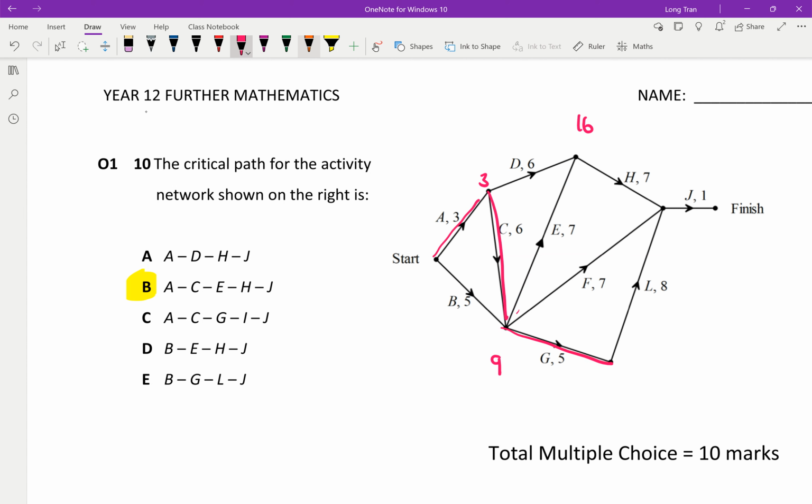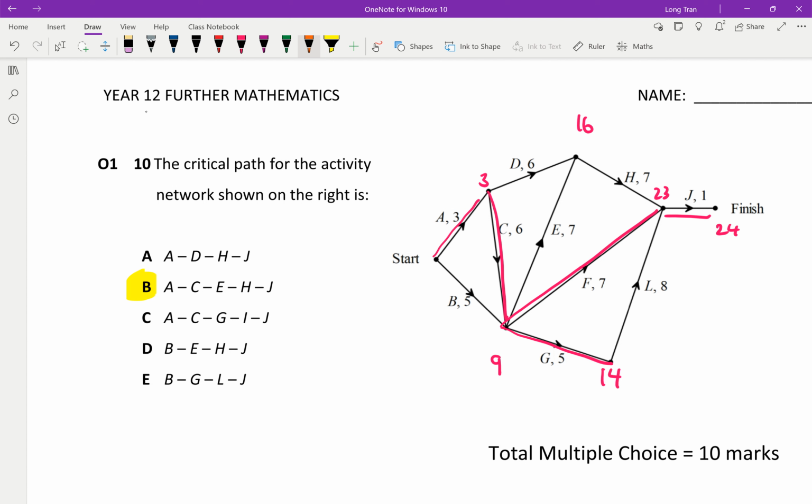Over here, 9 plus the 5 gives me 14. 9 plus the 7 again gives me 16. But remember, 16 plus the 7 this way gives me a total of 23. So 23 is the best there. 14 plus 8 gives me 22. So 23 is still the better value. And then 23 plus the 1 is 24.